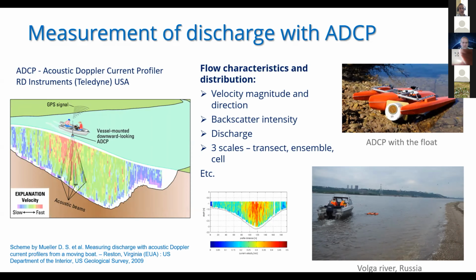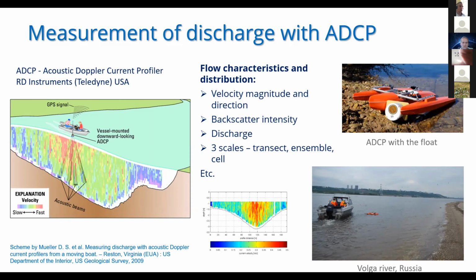The most widespread equipment is acoustic Doppler current profiler, which can measure velocity, magnitude, and direction, and its distribution down and through the cross section. It can measure backscatter intensity, total discharge, partial discharge, and it has three special scales: whole transect, ensemble, the vertical beam, and one small cell.